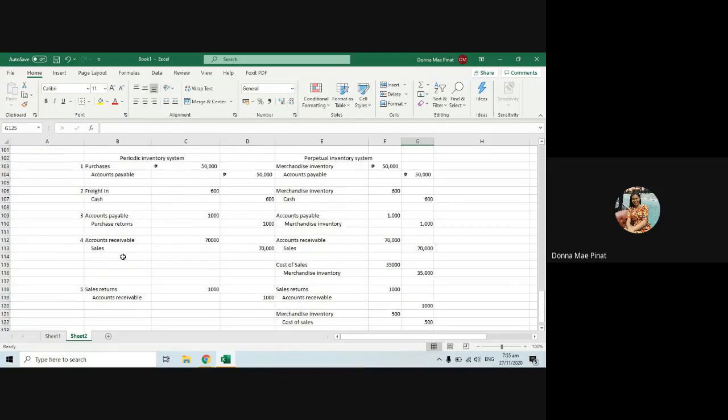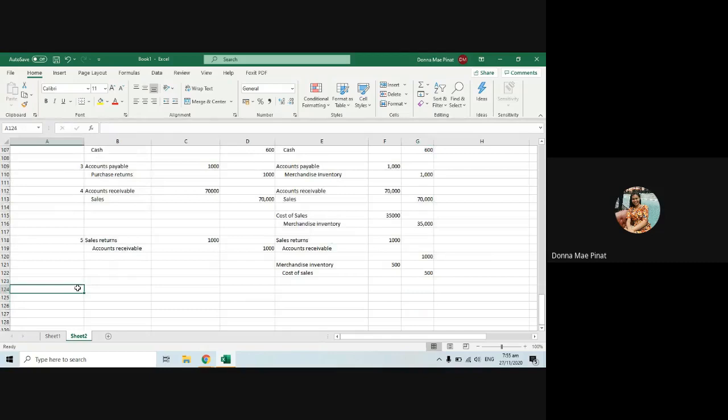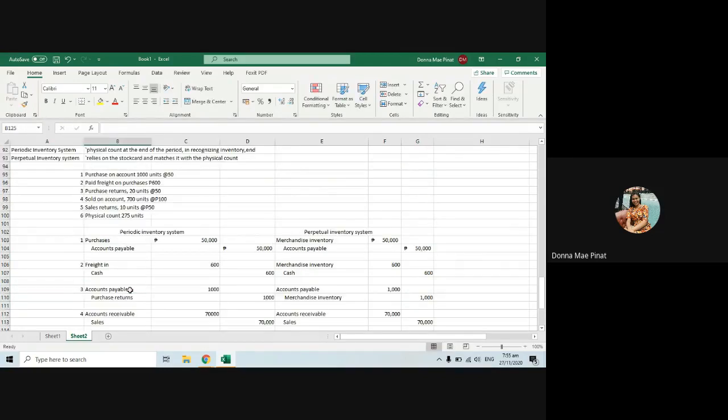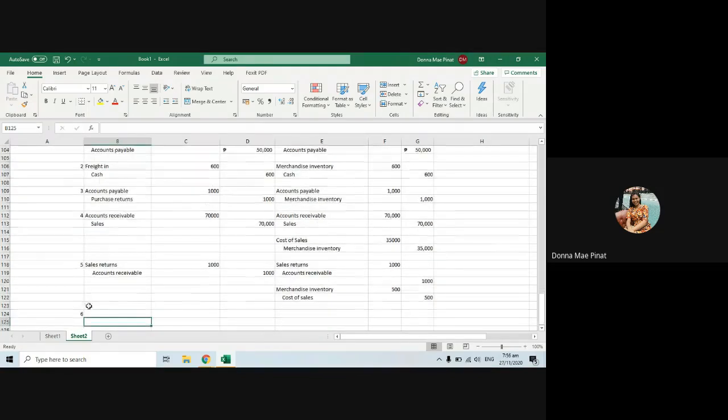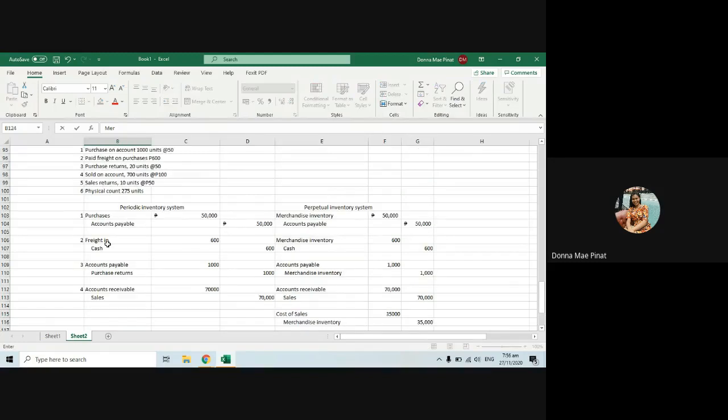Okay, number 6. Physical count is 275 units, meaning only 275 units were left. So, under the periodic inventory system, you now record your ending inventory, since there was no record for merchandise inventory.